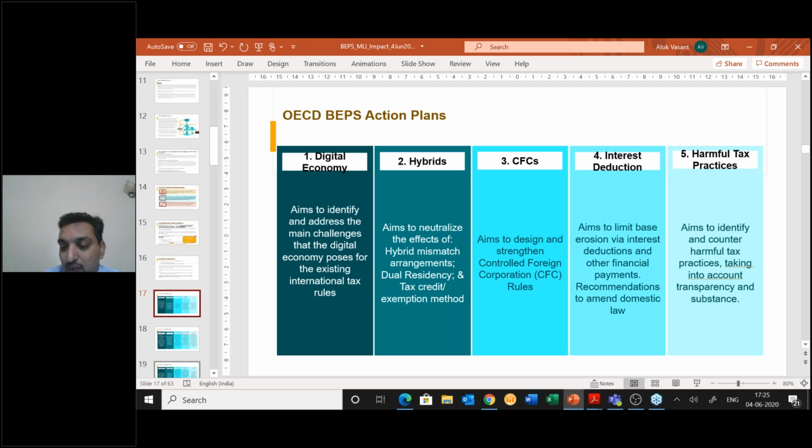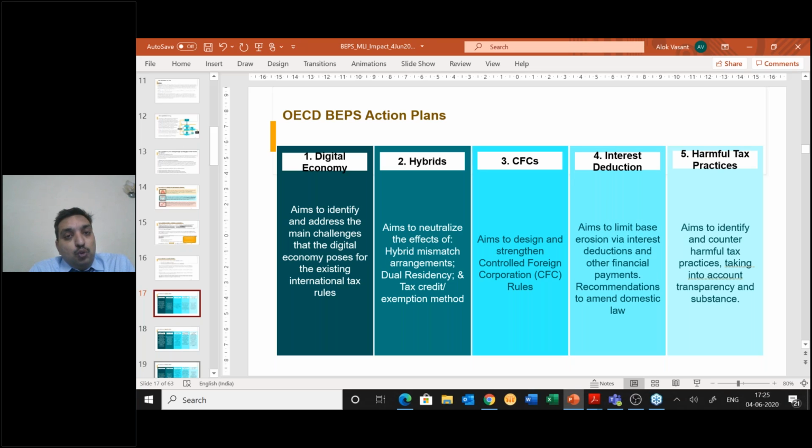If you've gone through today's newspapers, you would see that the US is objecting to India's introduction of equalization levy, and they've constituted a team to study that, because most of the US companies will get hit because of that equalization levy. So that was action plan one.